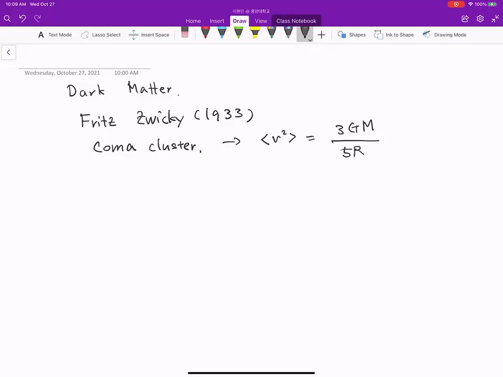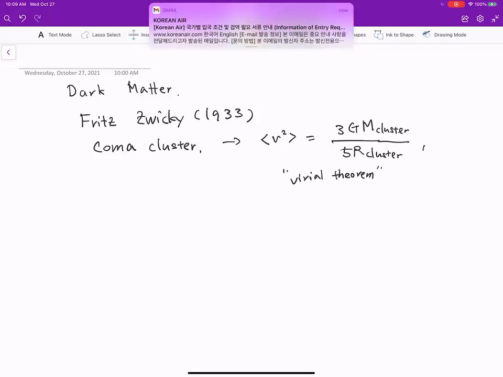So this is the cluster mass and cluster radius. This is according to the virial theorem.